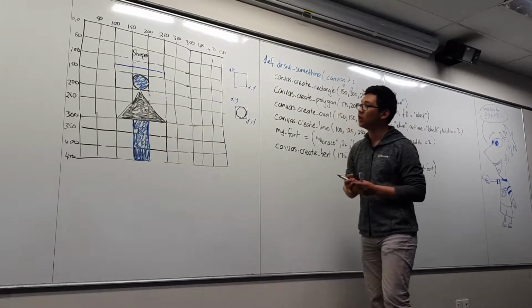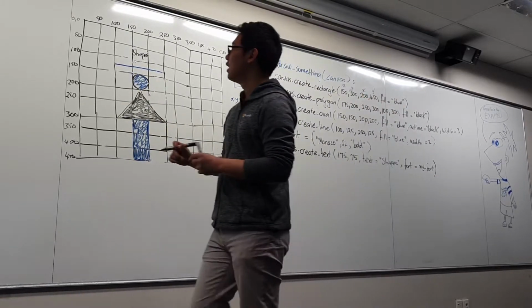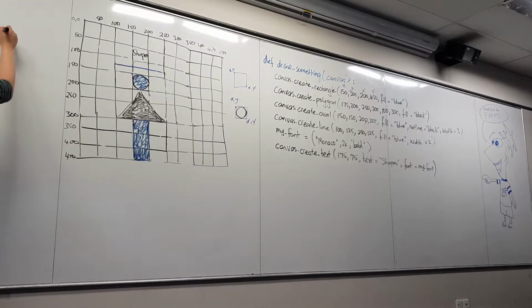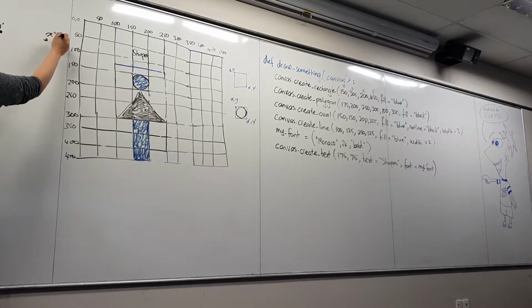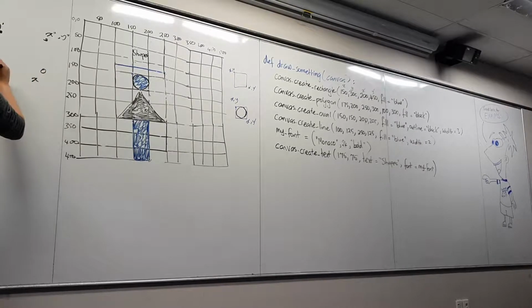Now, something to note is that, let's say I created some points. Let's say some point here, which is the next one, and then some point here, which is the third one, and then some point here, which is the fourth one.